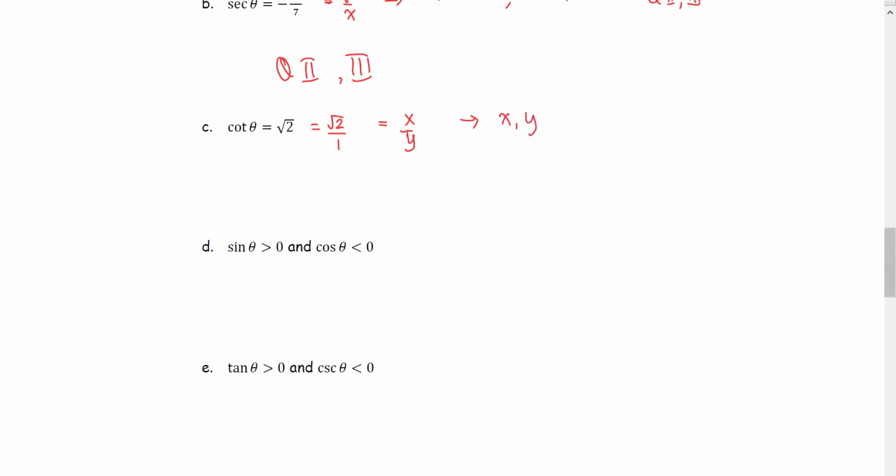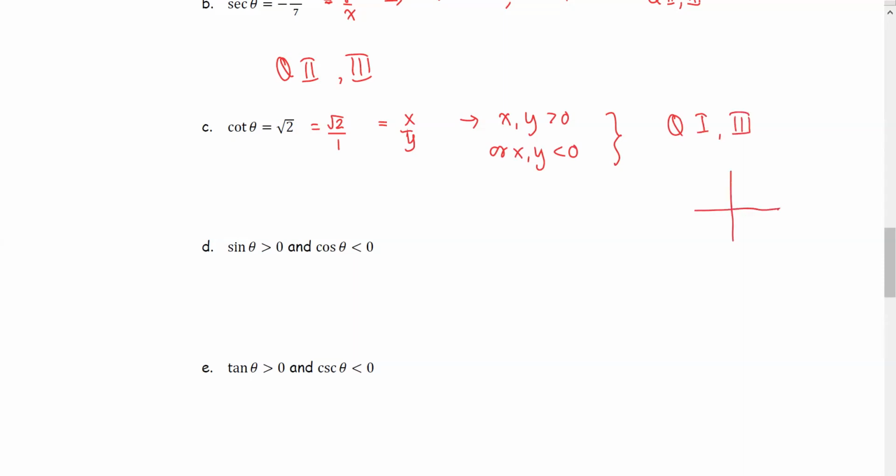Either x and y are both positive, or x and y are both negative, because when you divide numbers of the same sign, you get a positive number. So in which quadrants do both x and y have the same sign? That would be quadrant 1 or quadrant 3.